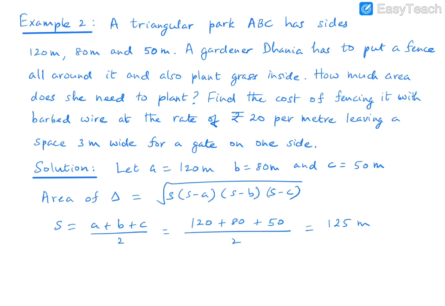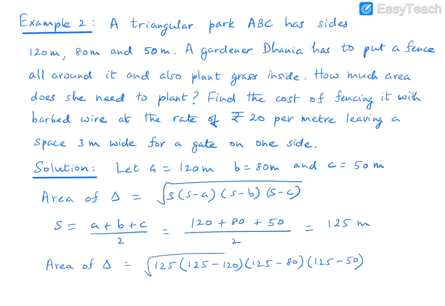And now we can calculate the area of the triangle. The area equals the square root of S, which is 125, into S minus A, which is 125 minus 120, into S minus B, which is 125 minus 80, into S minus C, which is 125 minus 50.